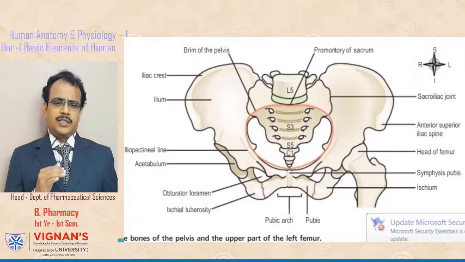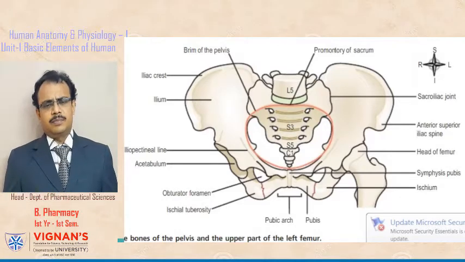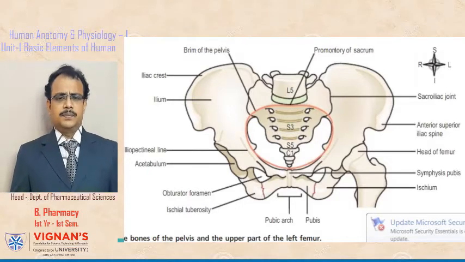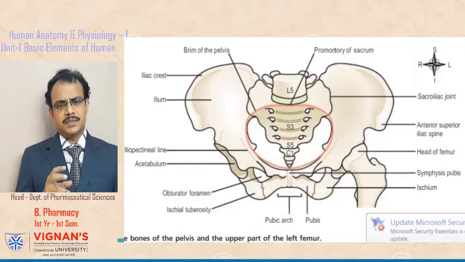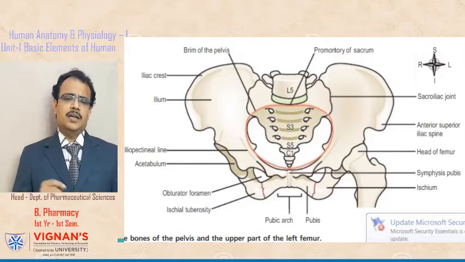The region above this brim is called the false pelvis, and below that region it is called the true pelvis. There is a slight difference in the shape of the pelvis of male and female.